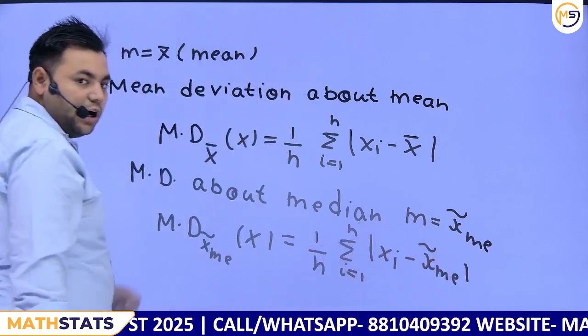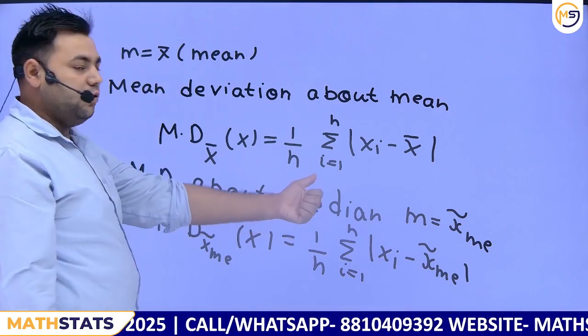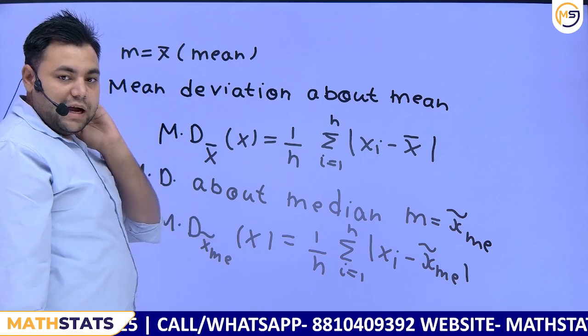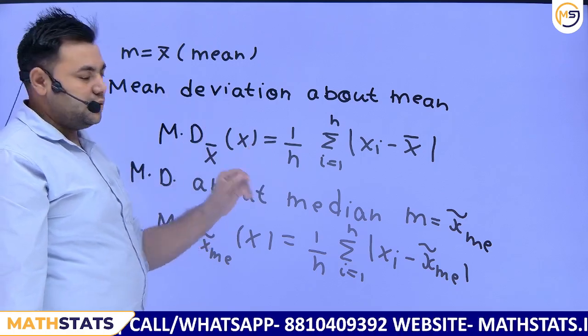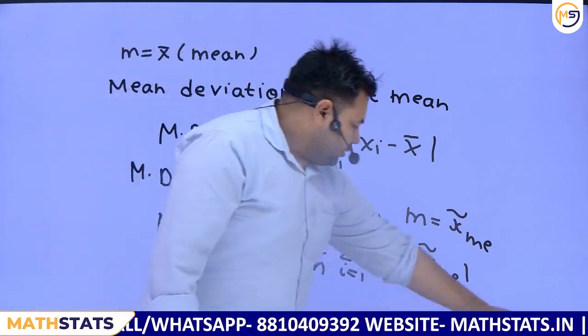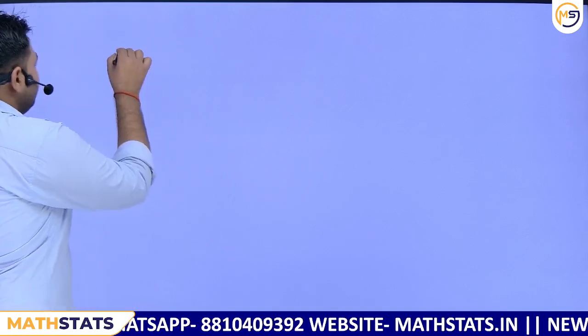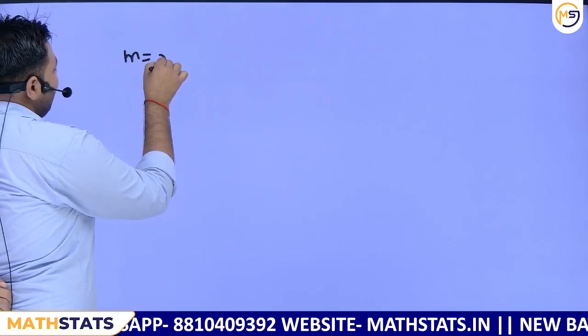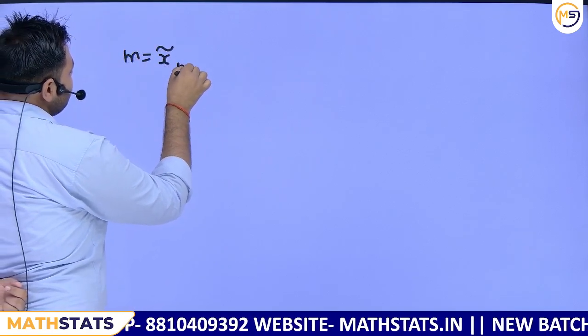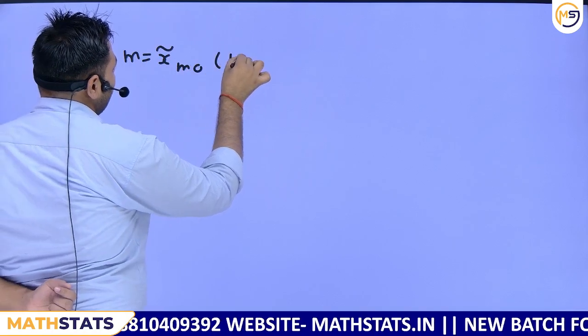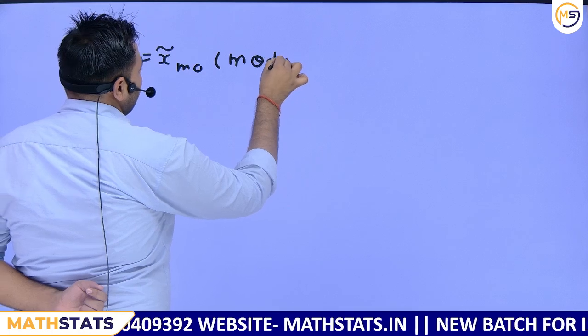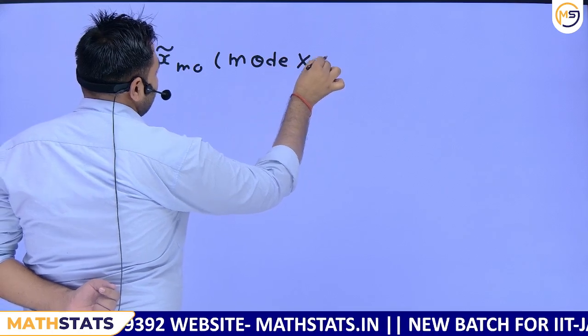If anyone has a doubt, you ask. Okay, I am repeating the previous class. Now if I put m equal to x tilde mo, meaning mode, this is mod of xi minus x tilde mo.